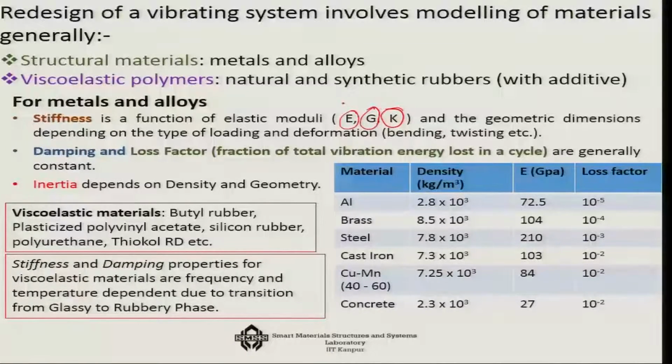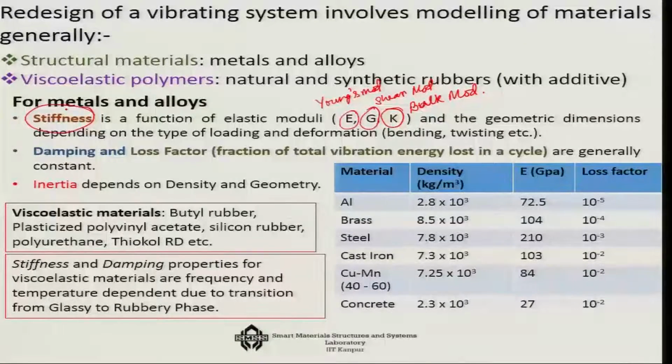This is the elastic modulus or Young's modulus, E, and then G is our shear modulus, and then K is our bulk modulus. So, by changing E, G or K, you can get a change in terms of the stiffness for the metals.